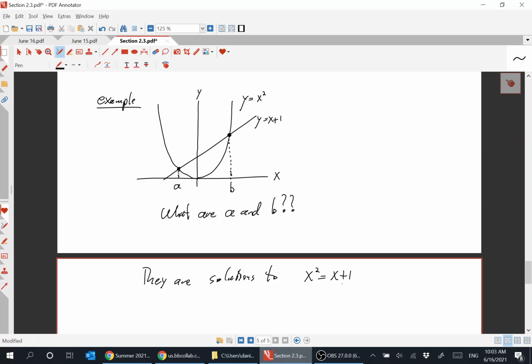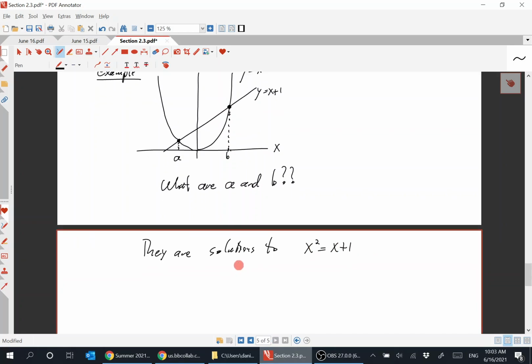Right, they're where the y values of those two functions are the same. Where the y values of those two functions are the same are going to be the points above the x-axis that are solutions to that equation.